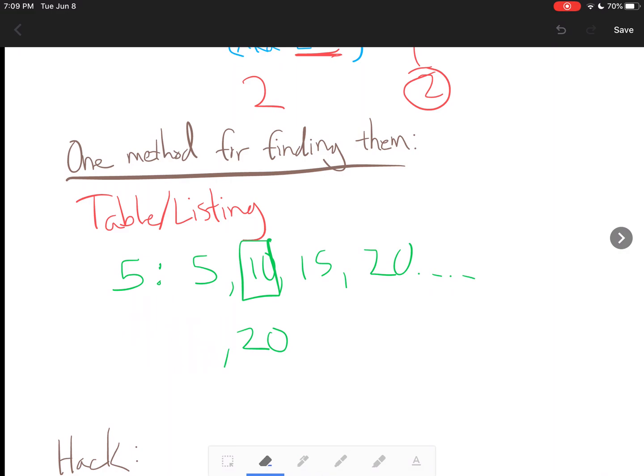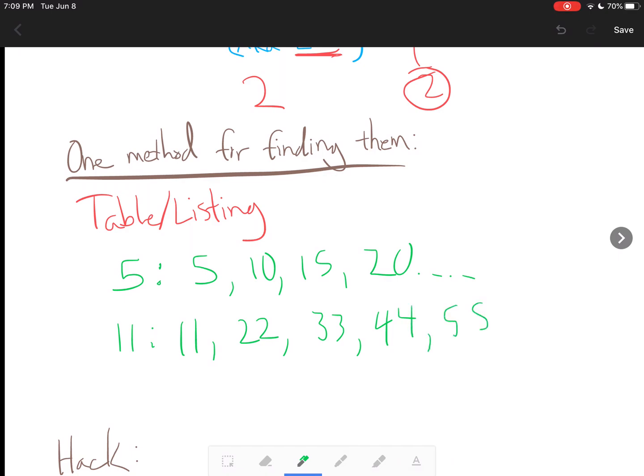Now we'll clean that up. We're going to leave 5 up here, and now we're going to take a look at 11. So 5 and 11. Let's start listing them out. 11, 22, 33, 44, 55, and so on. Now here's the thing. If you have two numbers that maybe aren't all that related, like 5 and 11, especially if one of them is bigger, you can take the big number and look at each one of these and see if you find a multiple of 5 in it.